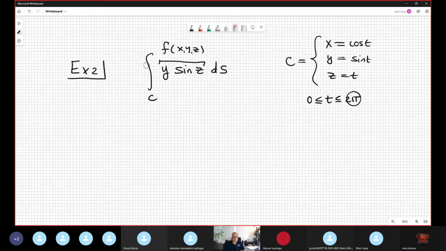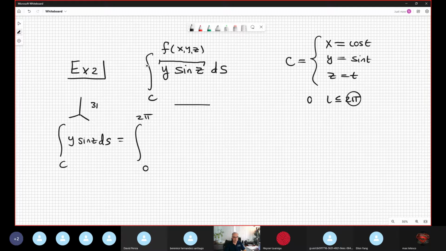Okay, so now this is easy because this integral is equal to another integral from 0 to pi, the limit of t, because you change the domain, no? The domain of this is 3D. The domain of this is 1D. Y is sine t, multiplied by sine z, and z is sine of t again. Sine t and sine t together is sine squared.